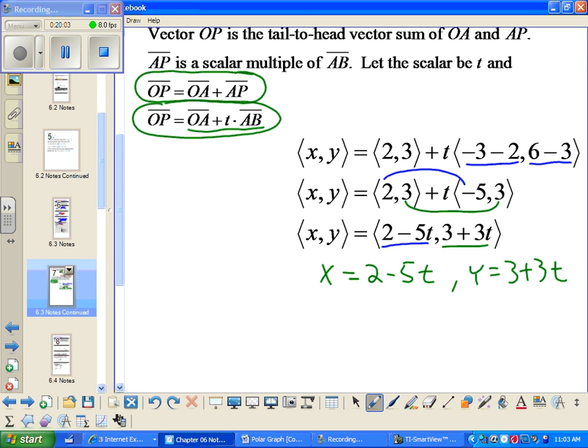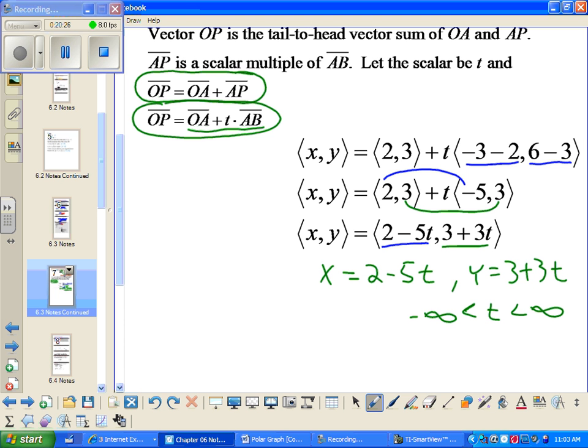If I write this in a different way, t from negative infinity to infinity gives us the equation of a line.